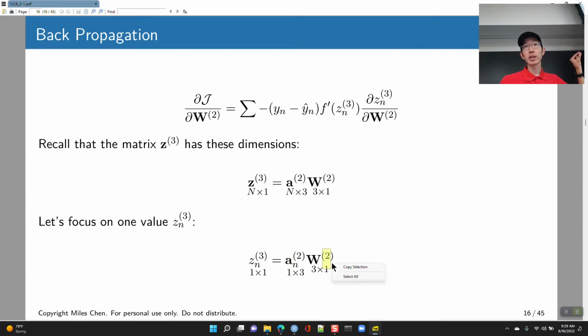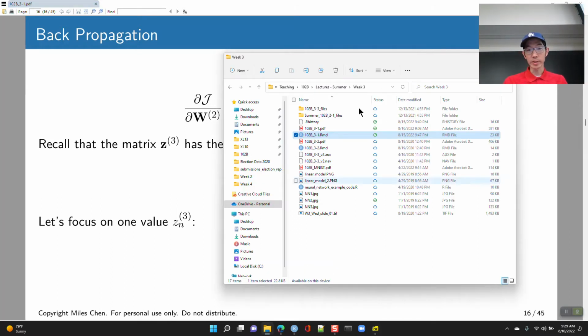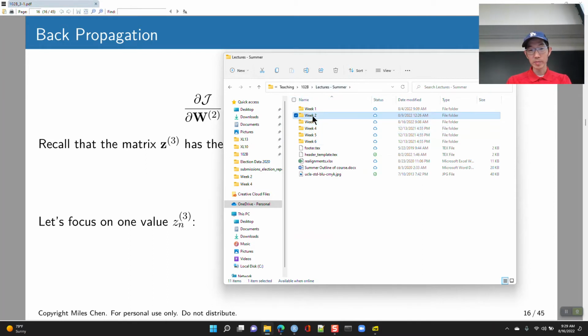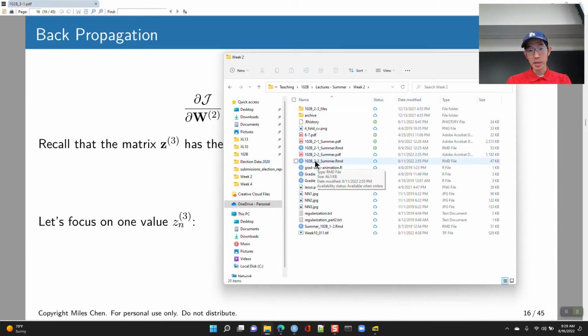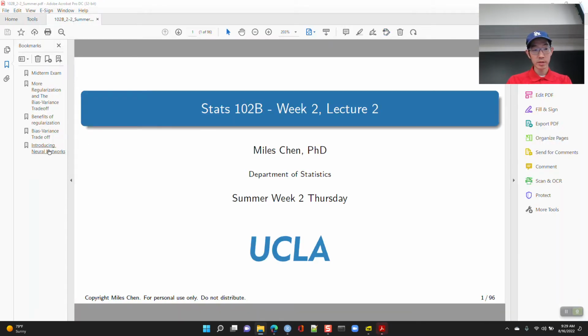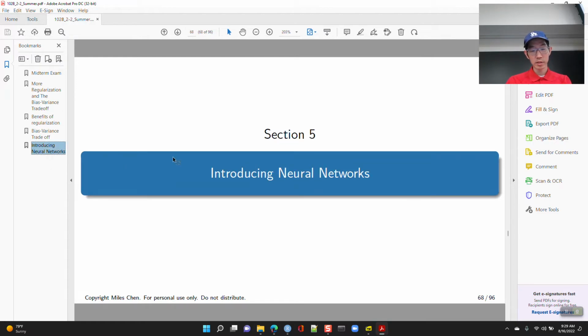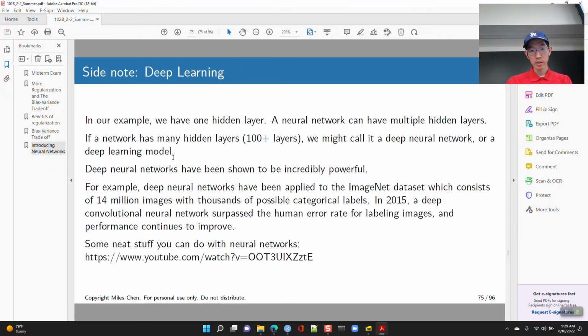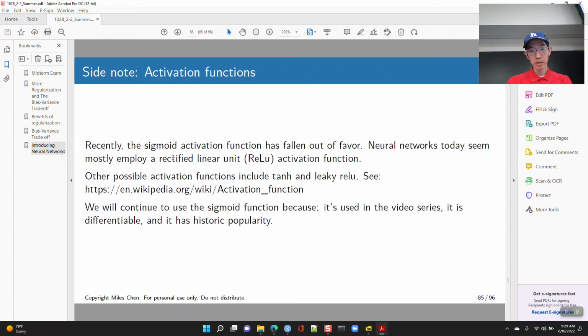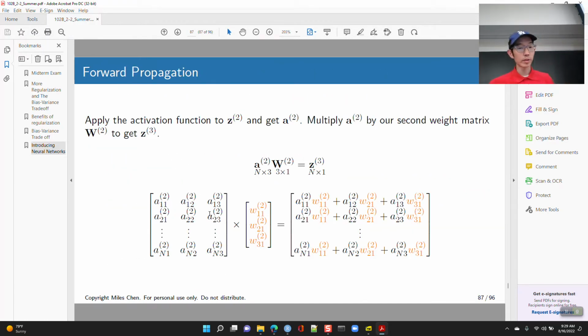So we're just looking at one value here. Maybe I'll pull up last week's lecture. So if we think about multiplying A times W, let's just look at this first value.